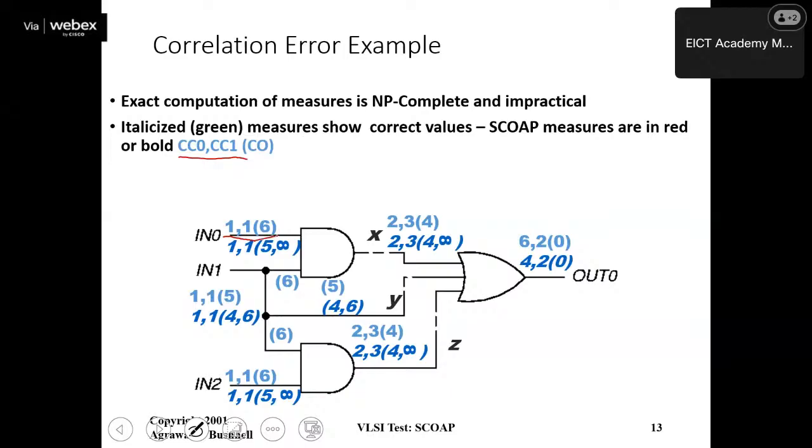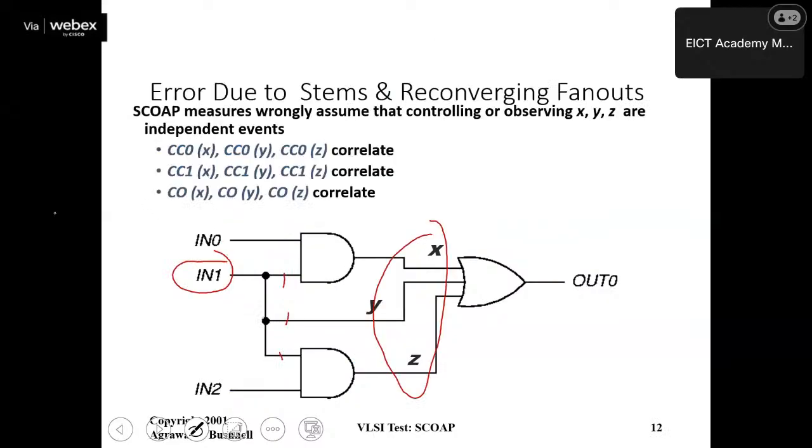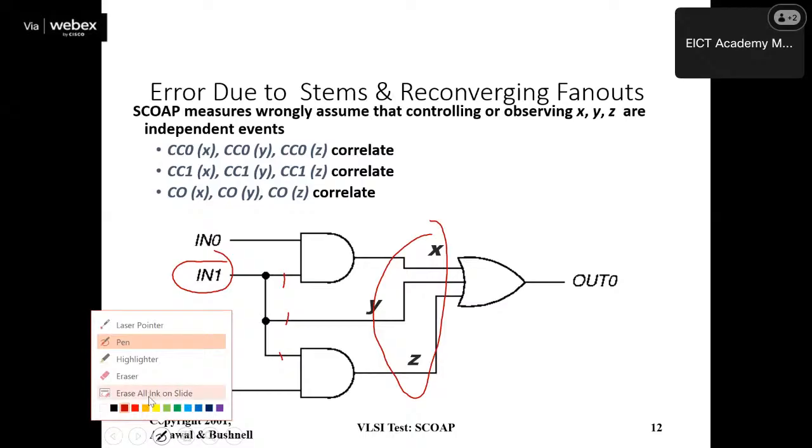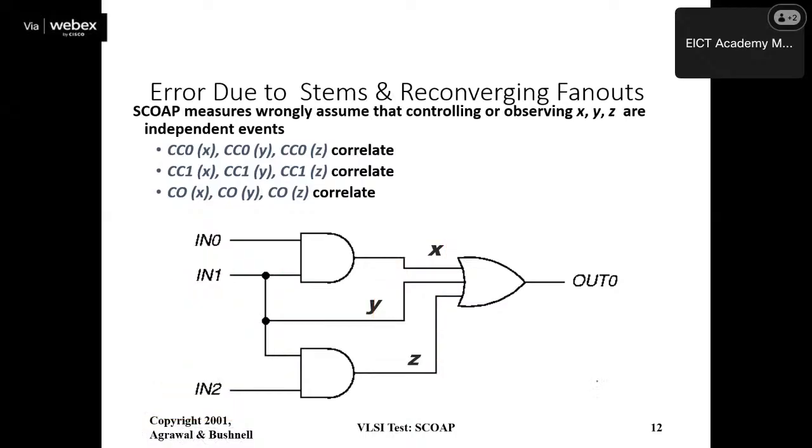How can you measure it? Let us take this example. Let us try with whatever we know. We will start with input 1. Let me take it this way, CC0, CC1, and I am putting the bracket. So input controllabilities are 1, 1.